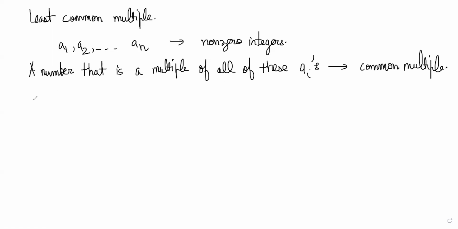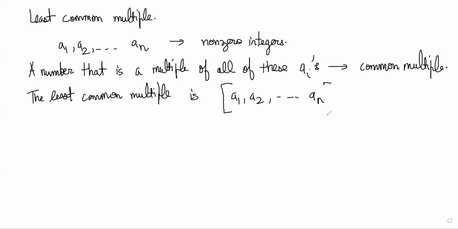The least common multiple will be known as LCM. The notation for that is square brackets A1, A2 till AN. Now, in the next section of the course, we'll discuss prime numbers, and there we will see some ways to classify LCM and GCD in different ways.